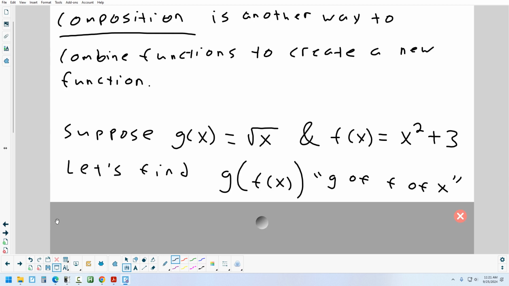First, let me show you the notation when you're asked to do a composition. It's going to look something like this. The way you pronounce it is G, and each left parenthesis is the word "of": G of f of x.